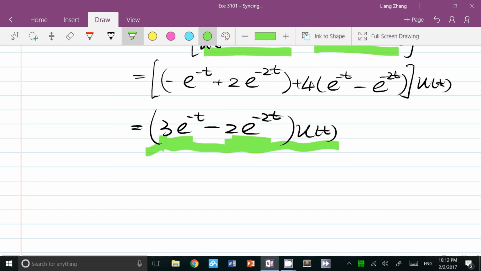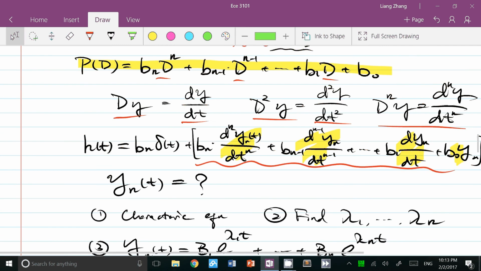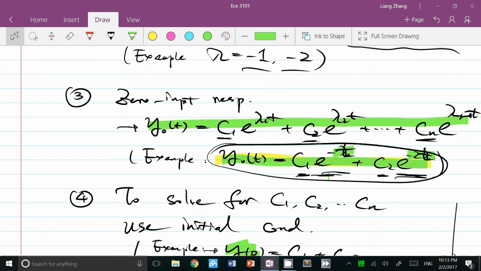And another observation is, look at these two signals, e^(-t) and e^(-2t). You also have both of these terms when we solve the zero input response. See this particular example right here. We have also this e^(-t) term and e^(-2t) term.